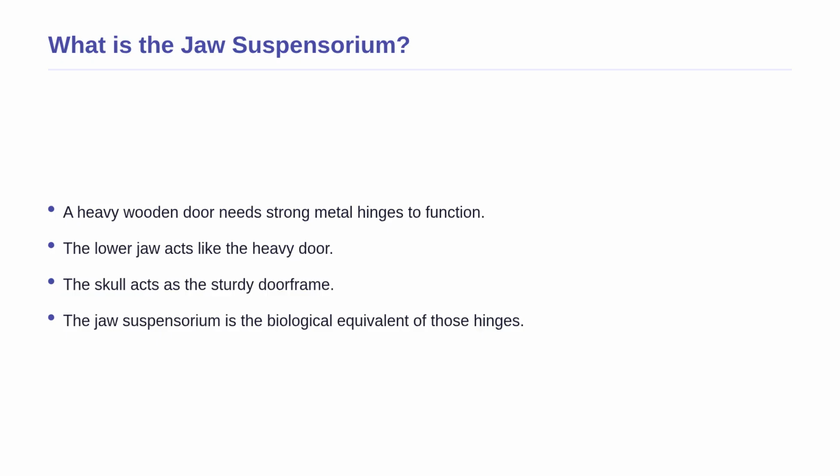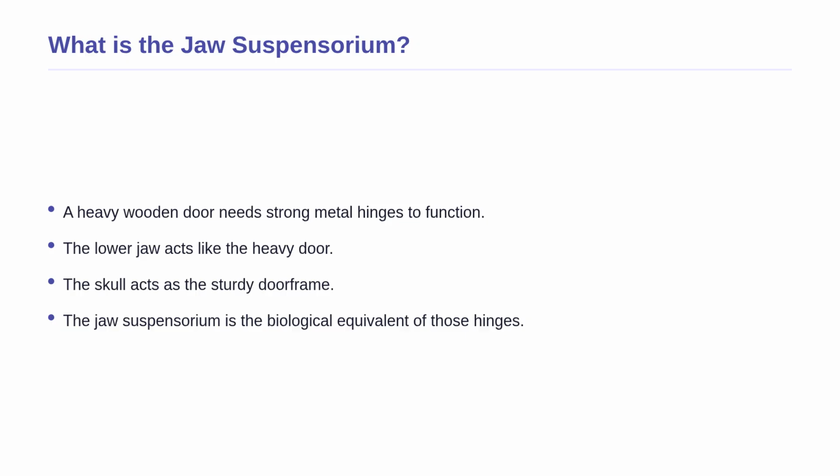To understand what the jaw suspensorium is, imagine you are trying to install a heavy, solid wooden door in your house. If you simply lean the door against the wall, it will fall over the moment you try to use it. You need strong metal hinges to firmly anchor it to the doorframe.